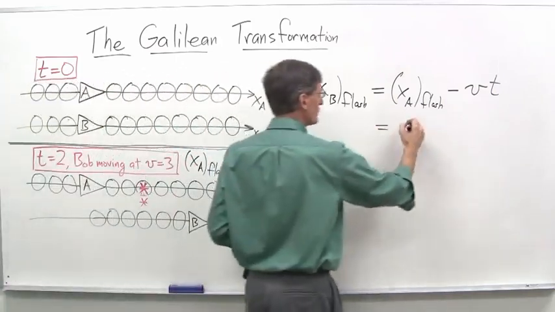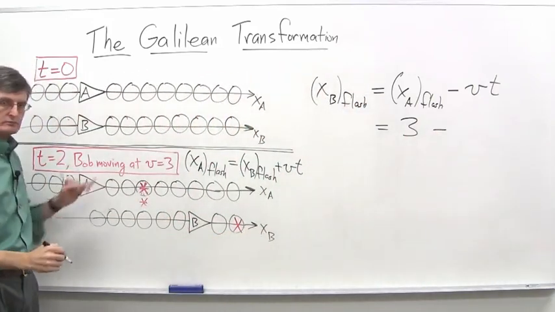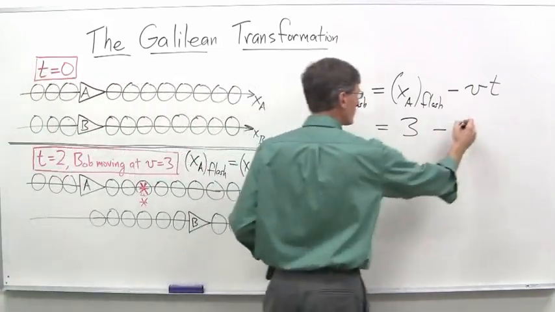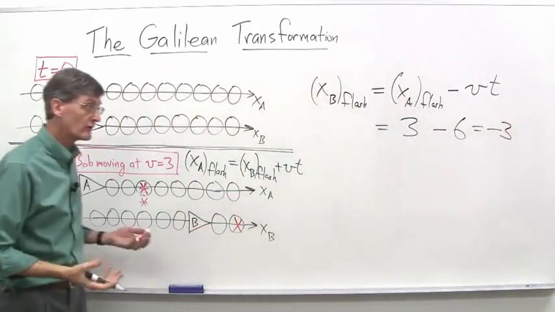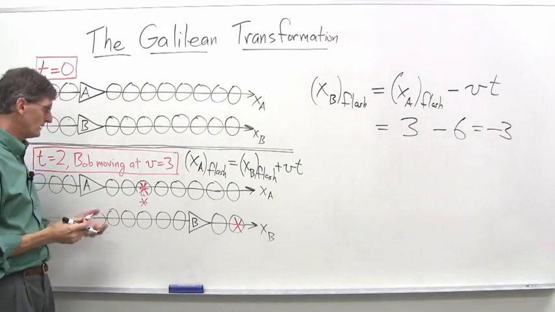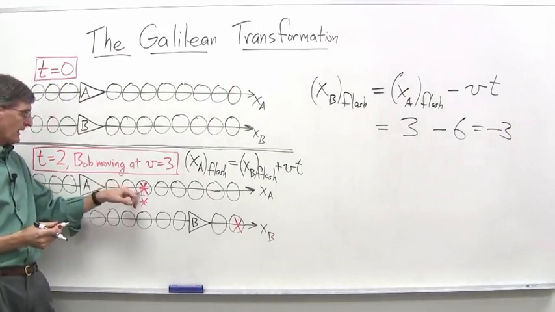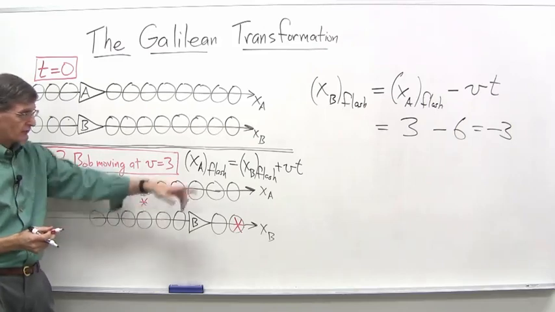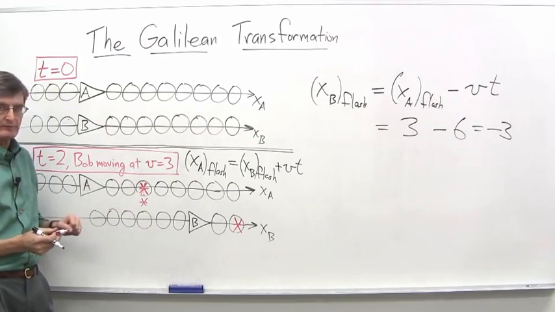So this would be position 3 minus 3 times 2, which is 6. 3 minus 6, of course, we get -3. So it works in that specific case. Yes, the flash that Alice saw at t equals 2 seconds at position 3 is position -3 for Bob, according to our equation there.